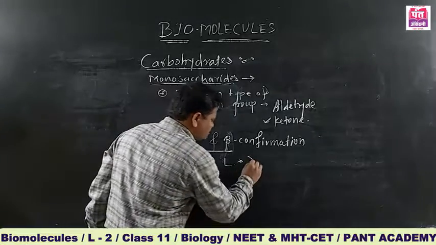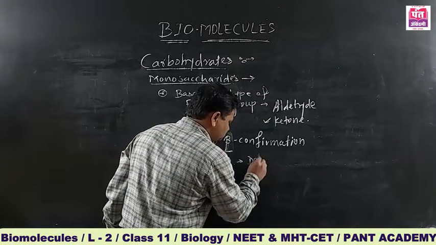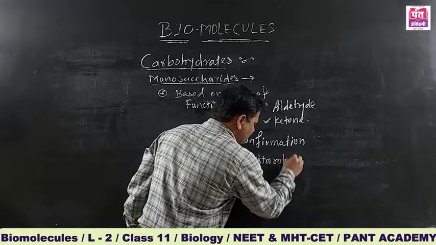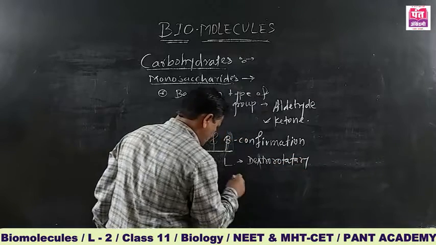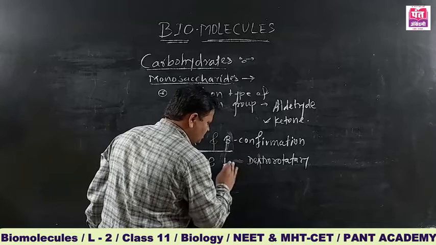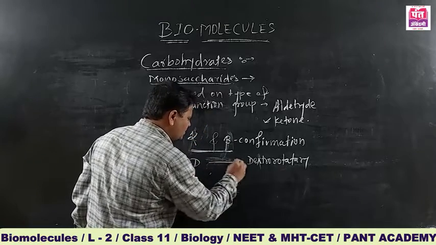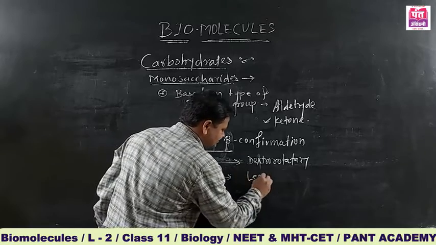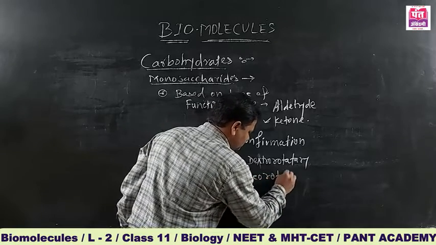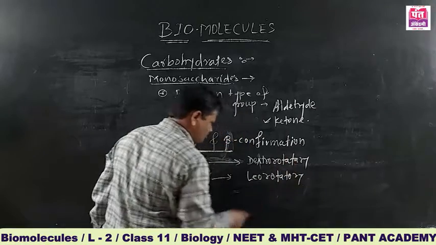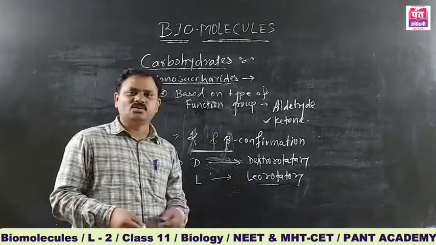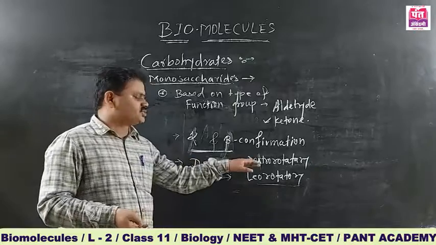D is for dextrorotatory, and L for levorotatory. You may have already clarified your concept of dextrorotatory and levorotatory.